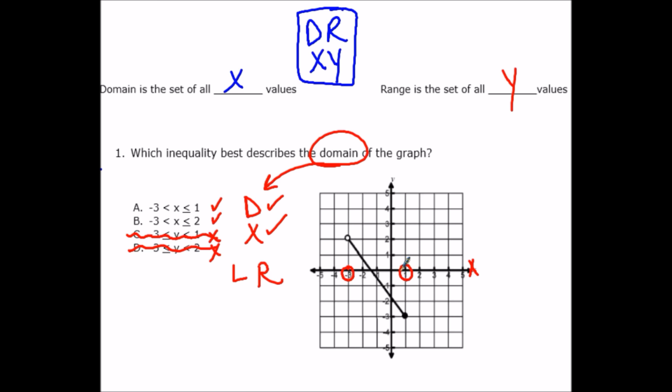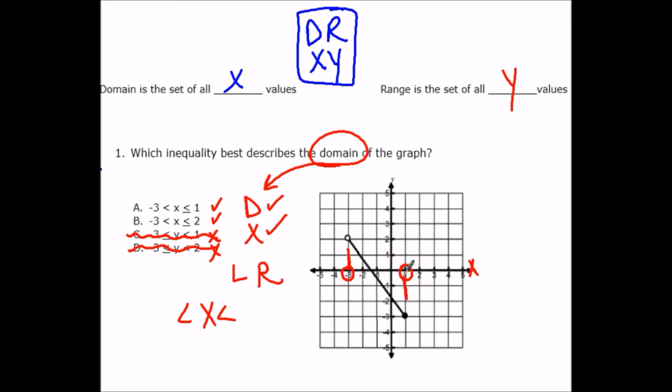But before we get too much further, remember, if it has 2 stopping points, it stops here and it stops here, then my answer will have 2 inequalities. So I'm going to go ahead and put X, automatic, 2 stopping points, 2 inequalities.